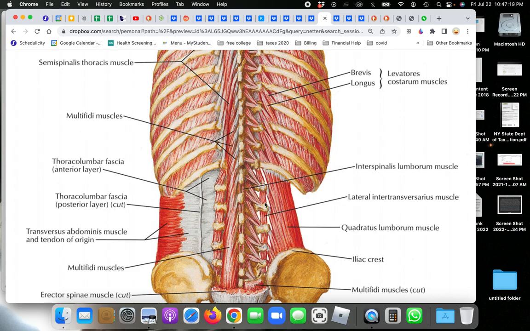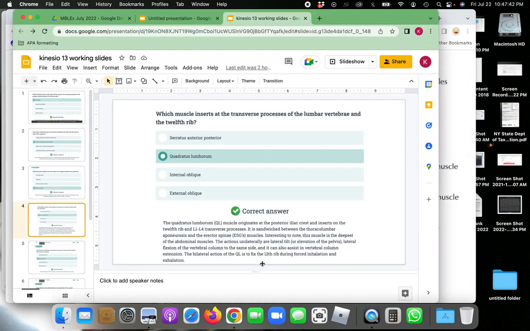But if you see, there's the transverse processes of the lumbar vertebrae. There's L4 and L5, right? And then here's the 12th rib, and you can see the QL attaching to the 12th rib, as well as the transverse processes, not the spinous process, but the transverse processes of L1, 2, 3, 4, and 5.